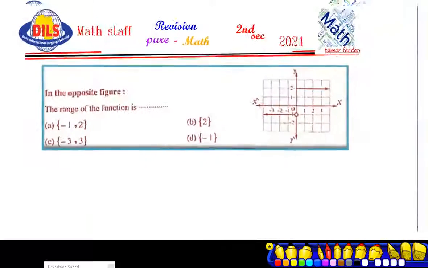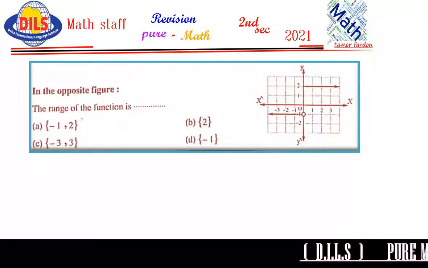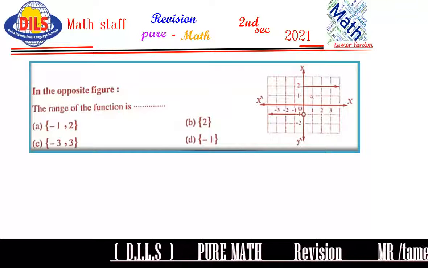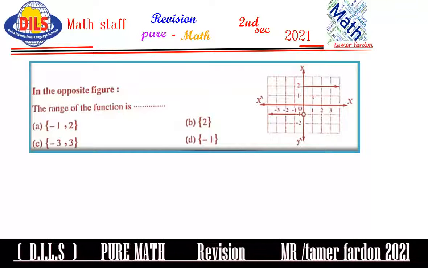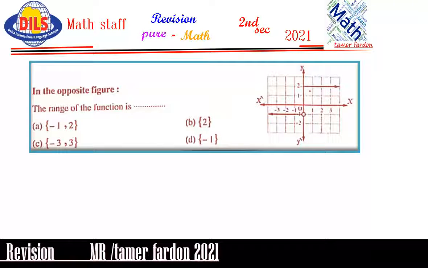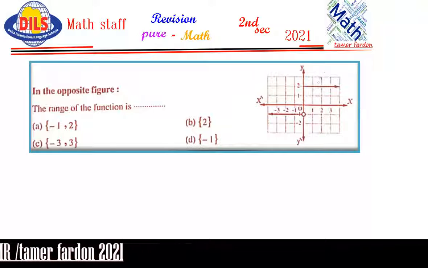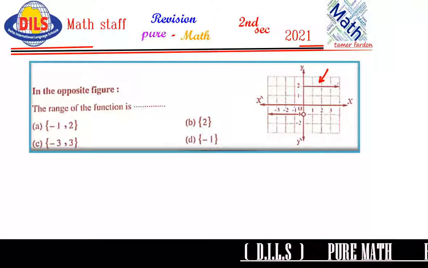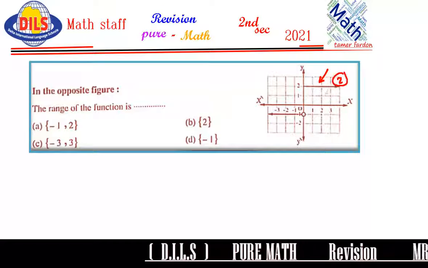The next, in the opposite figure, the range of the function is... In our figure we have a constant function formed from two parts. The first part represents 2 on the y-axis, so its range is 2.